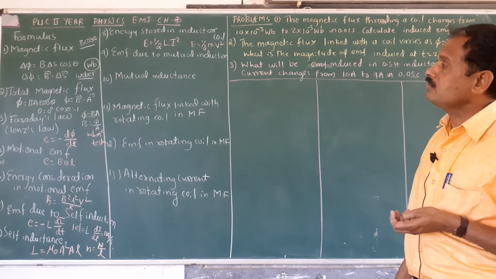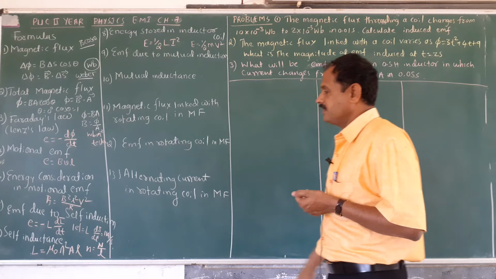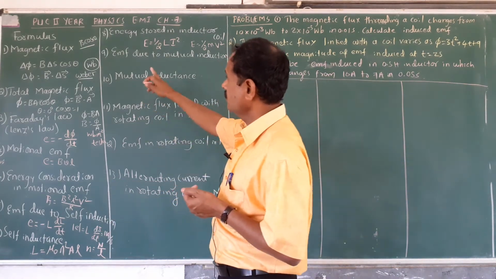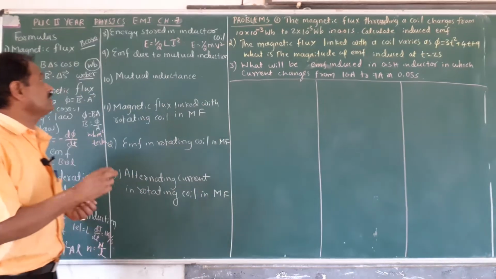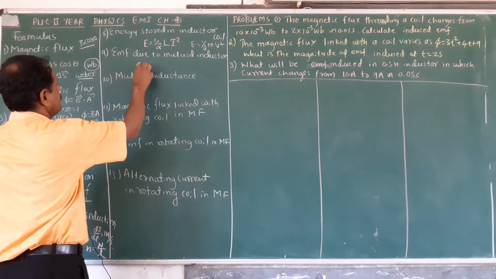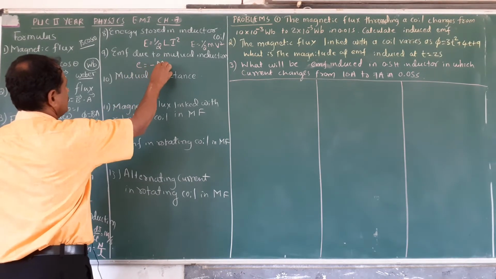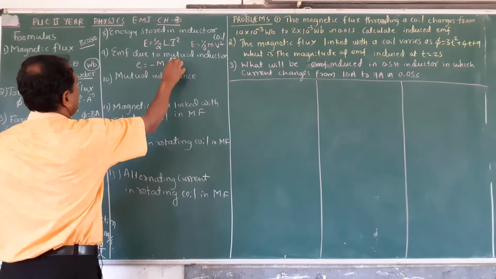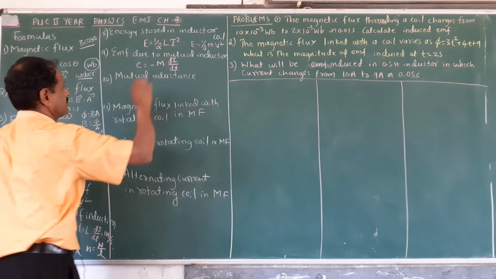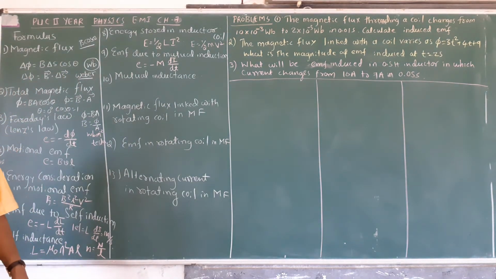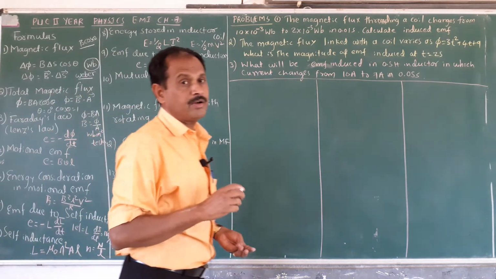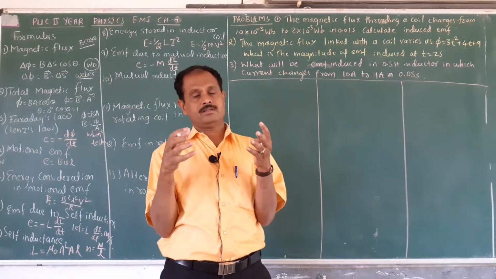Now EMF due to mutual induction. This is due to self-induction and this is due to mutual induction. E is equal to minus M dI by dt. Mutual induction is always in a pair of coils.